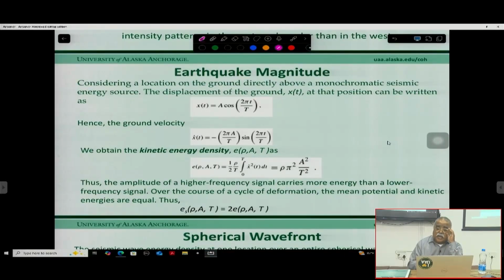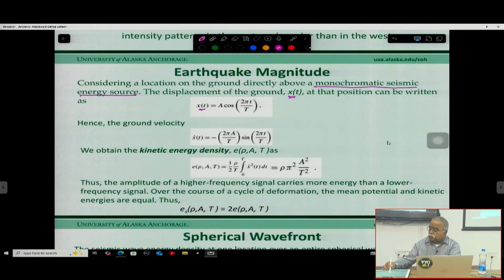If you assume that the ground is excited by a monochromatic seismic wave, monochromatic means it has a single frequency or energy source, then the displacement of the ground, which you can call x(t), if you assume that the earthquake is monochromatic, is basically a cosine function, so x(t) equals A cos(2 pi t / T), right?